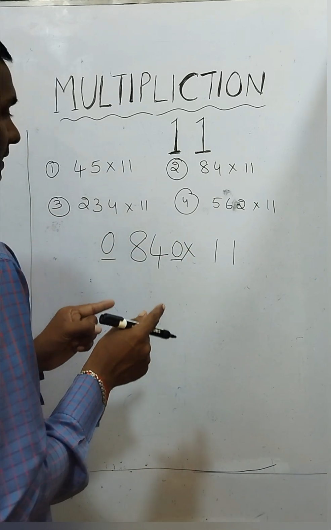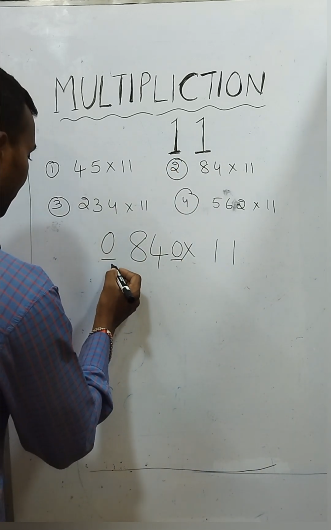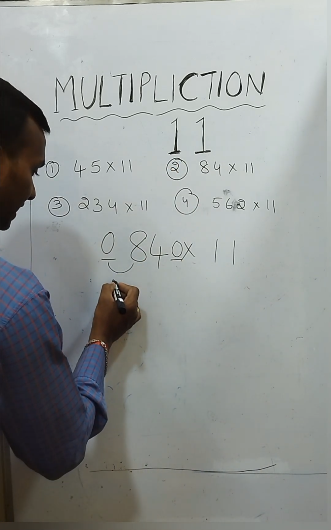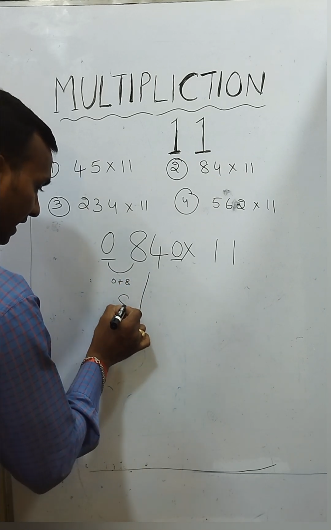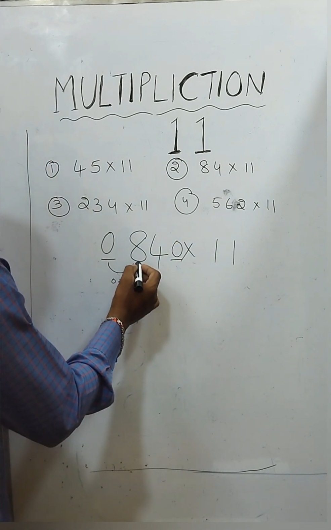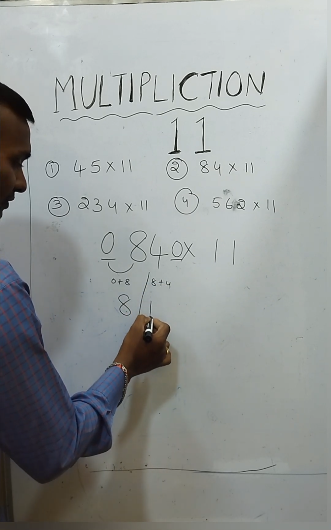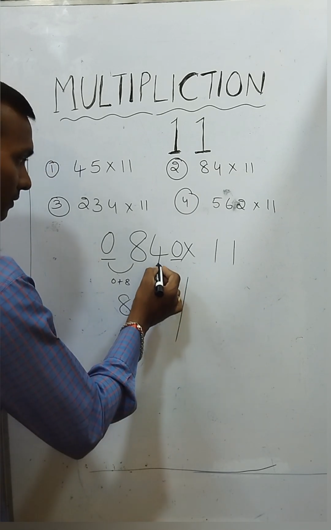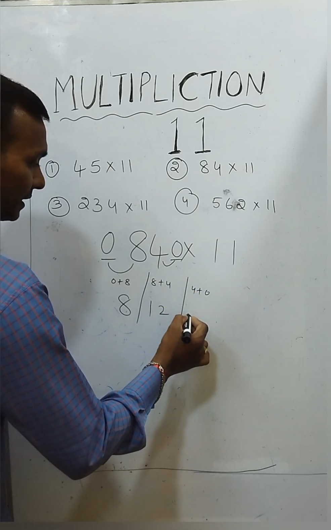After that, start adding two digits at a time. 0 plus 8 gives you 8. 8 plus 4 gives you 12. 4 plus 0 gives you 4 again.